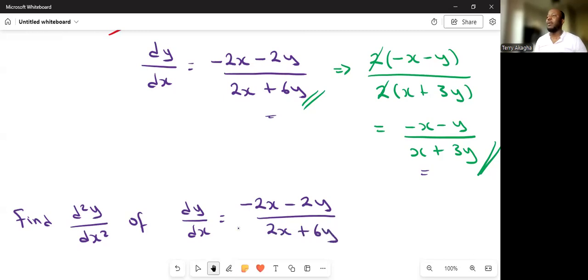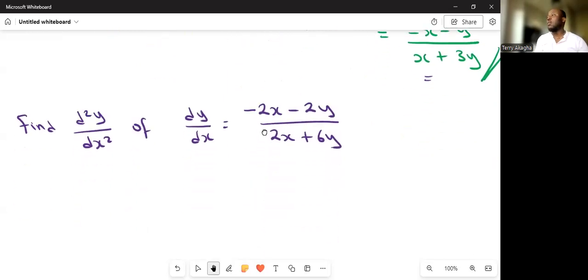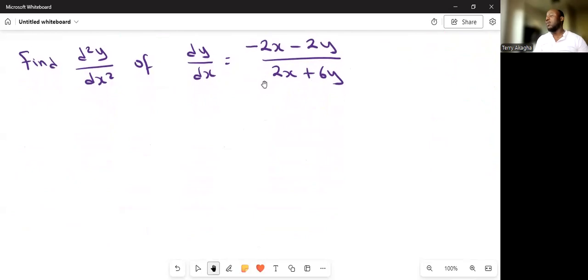Okay? So now, to find the second derivative, this is step 5. In step 5, I told you that all the rules of differentiation apply here. Now, if you look at this, how do you solve it? What rule comes to mind? Because we have division, a numerator dividing a denominator, that means you're going to have the quotient rule here.